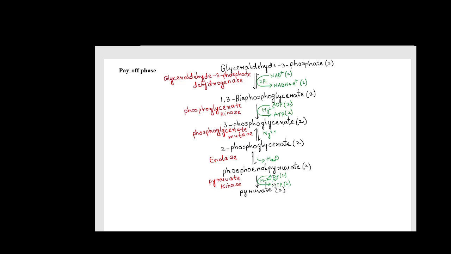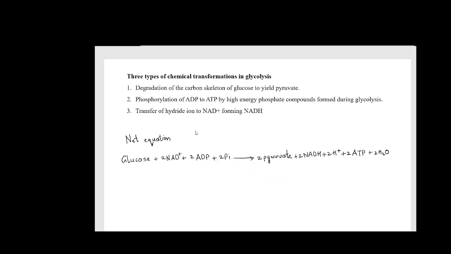So by the end of glycolysis, you'll have 2 molecules of pyruvate, 4 ATP and 2 NADH. As you can see here, there are 3 chemical transformations that are taking place.